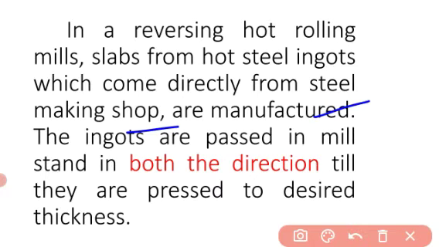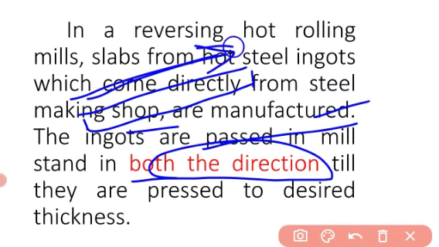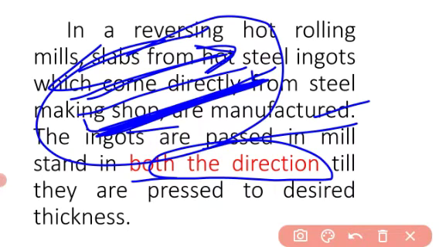The ingots are passed through the mill stand in both directions, forward and reverse, until they are pressed to the desired thickness. The rolling mill moves in both directions.